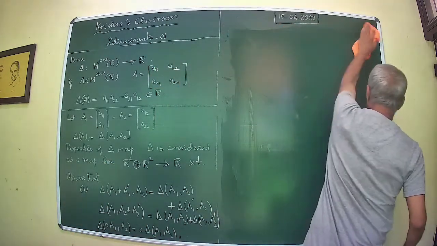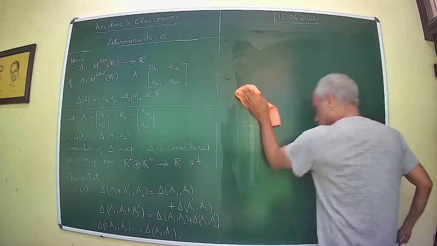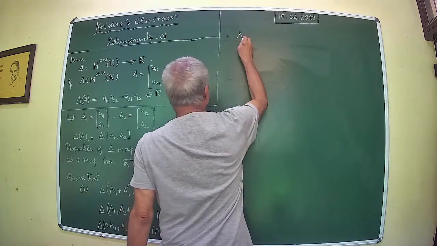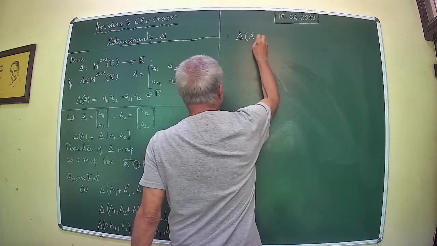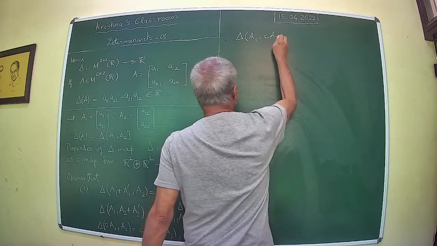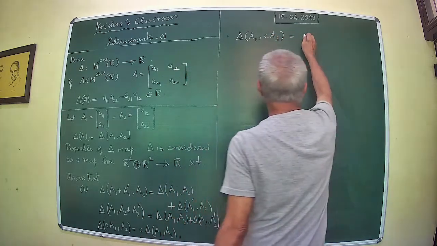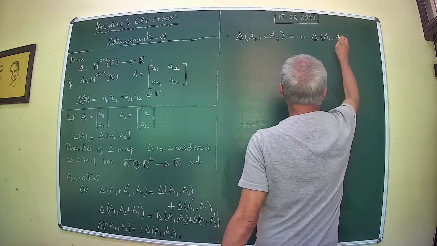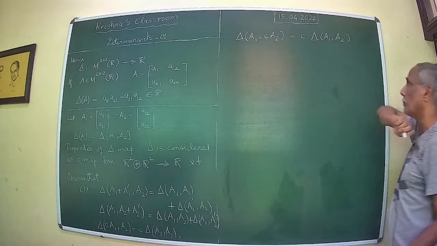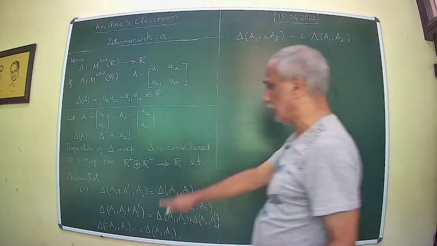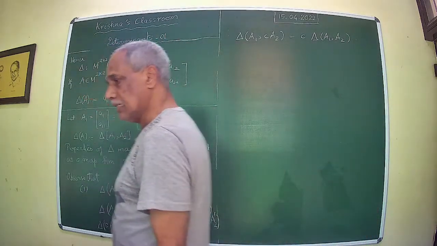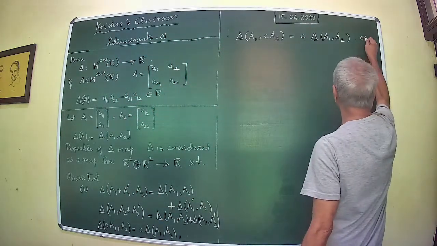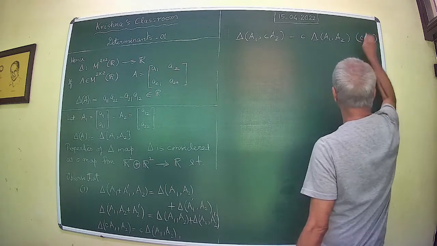This further means the following: delta of A1, CA2 equal to C times delta of A1, A2. I mean, these are the properties. See, A1 is a vector, CA1 is a scaling of that vector by a scalar, for any C belonging to R.